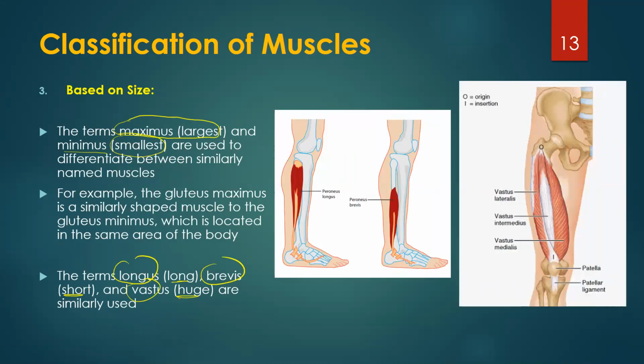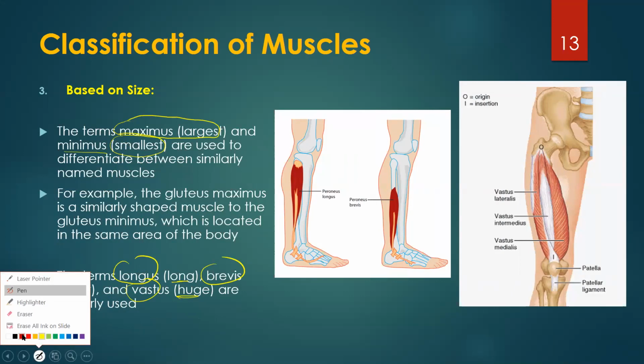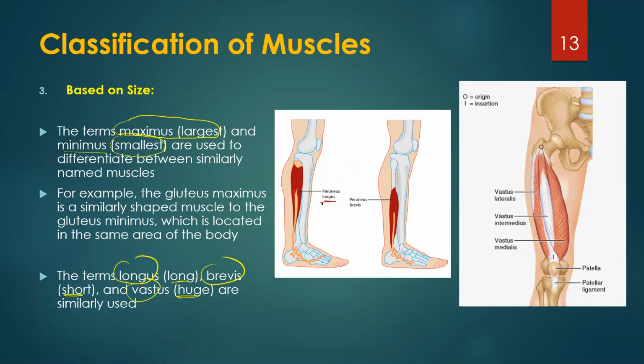So for example, in this example, you can see this muscle has the word longus. So peroneus longus and peroneus brevis. This is a group of muscles named peroneus, but that consists of two further muscles. Peroneus longus means the longer of the two muscles, and brevis means the shorter of the two muscles.